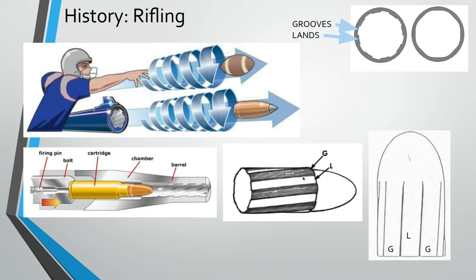So, grooves and lands. If we can recover a bullet and compare it to another bullet that was fired out of a gun, and those grooves and lands match up, we can assume that this bullet was fired out of that gun.